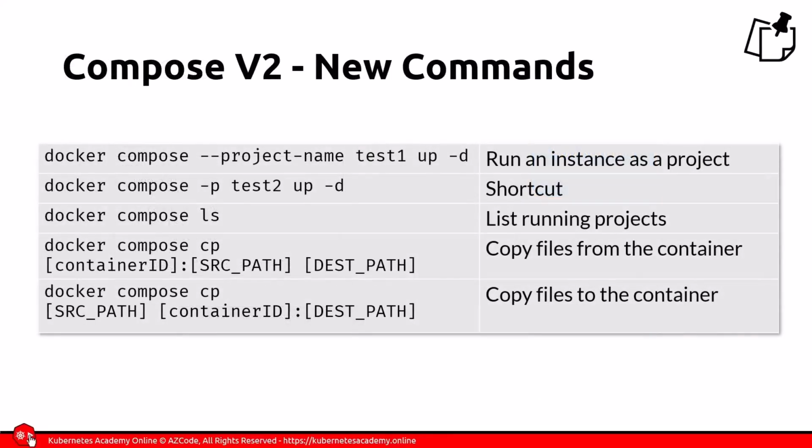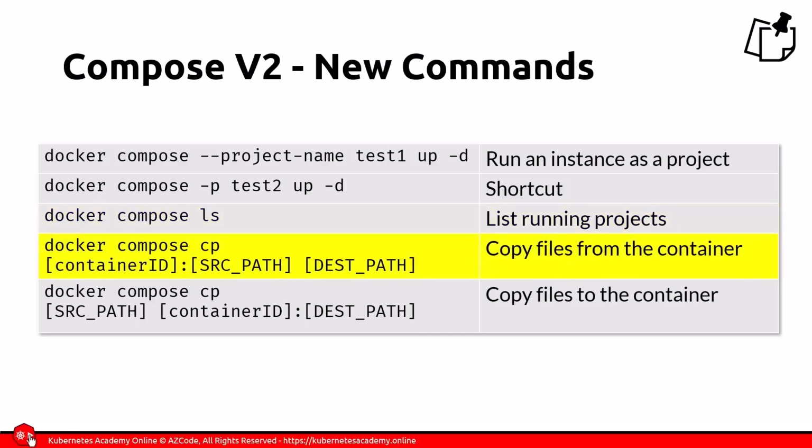Here's a cheat sheet for some of the new commands. docker compose --project-name followed by a project name. This will run an instance of the application as a project. The shortcut is much shorter to type: -p instead of --project-name. You can list the projects currently running by using compose ls.